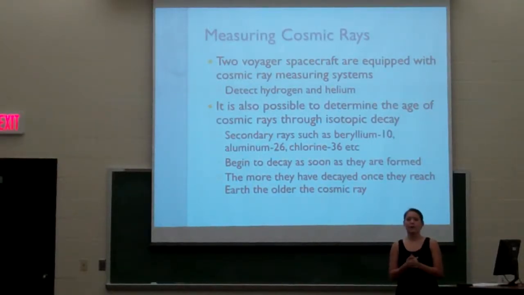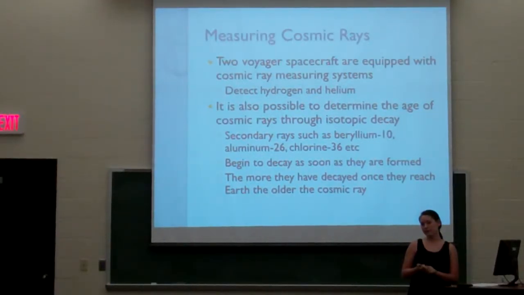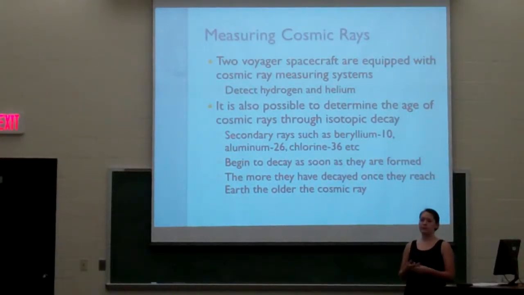We also have, on two of our Voyager spacecraft, galactic cosmic ray measuring devices that pick up on the hydrogen and helium that are present in the rays. Because they're made mostly of hydrogen and helium, they can pick up on the rays coming towards Earth.